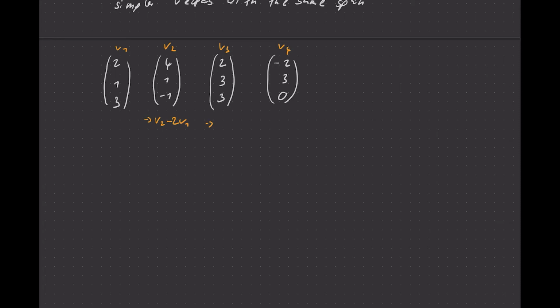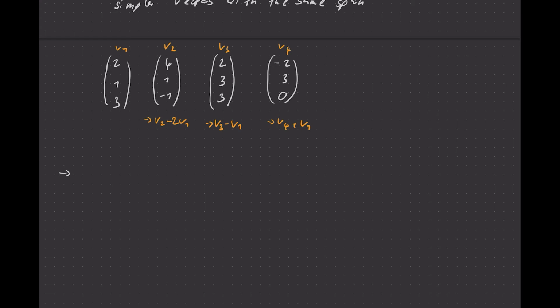I'm going to replace v3 by v3 minus v1. And v4 by v4 plus v1. And notice that the new combination always includes the original vector with a coefficient that is not 0. And that way we'll obtain a new system of vectors that has the same span as our original system. But we'll look at it simpler because there's going to be more zeros in there.